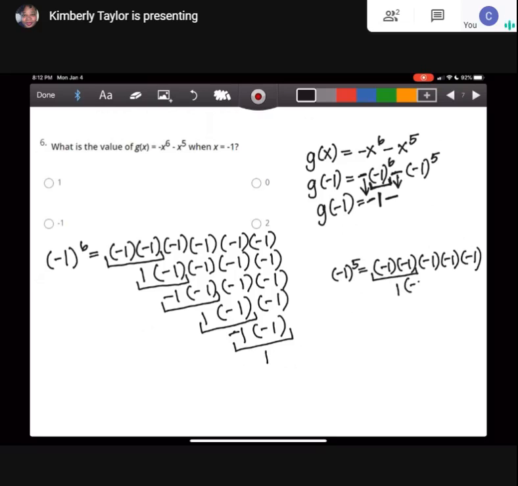Take your time. Do this and just keep going 2 at a time. But you gotta know your integer rules. If you don't know your integer rules, this is gonna be a problem. Okay, so negative 1 to the 5th power is equal to negative 1. So I'm gonna write that down here.